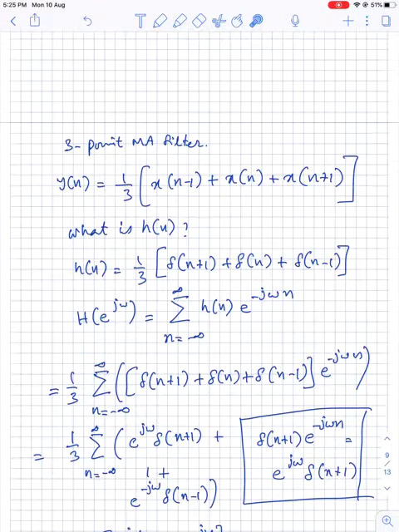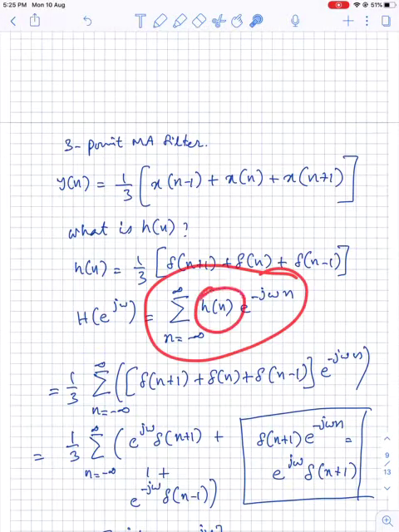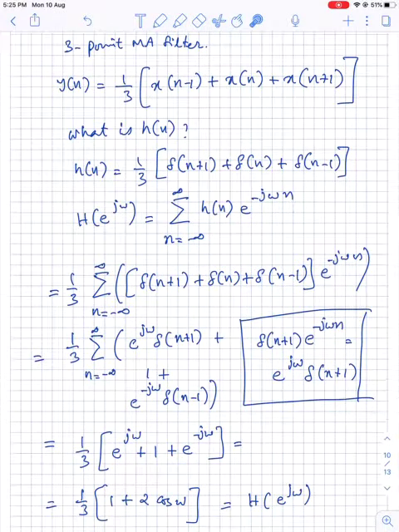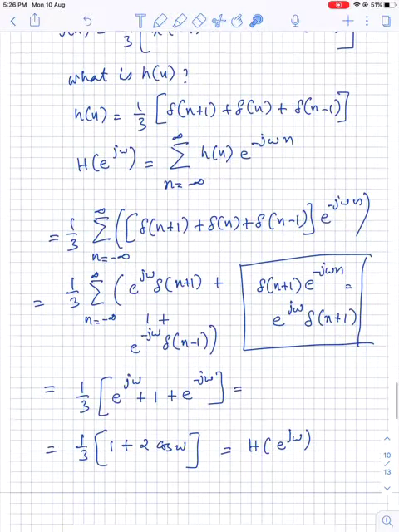This is my h of n, and your frequency response H of e raised to j omega is this applied to the impulse response. This is the impulse response, and we multiply by e raised to minus j omega n and sum, and you will get H of e raised to j omega. So if you substitute those values here and use the shifting property of the impulse, delta of n plus 1 times e raised to minus j omega n is nothing but e raised to j omega, the shifted and scaled impulse.